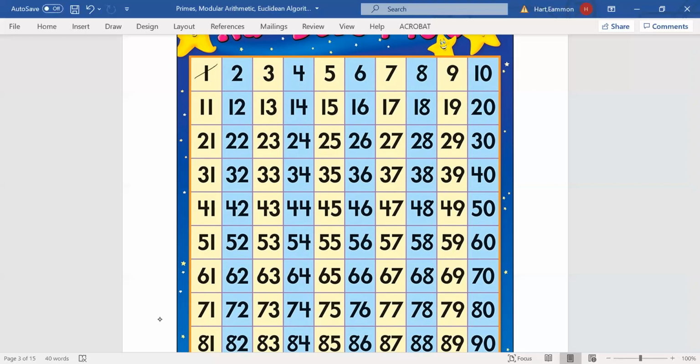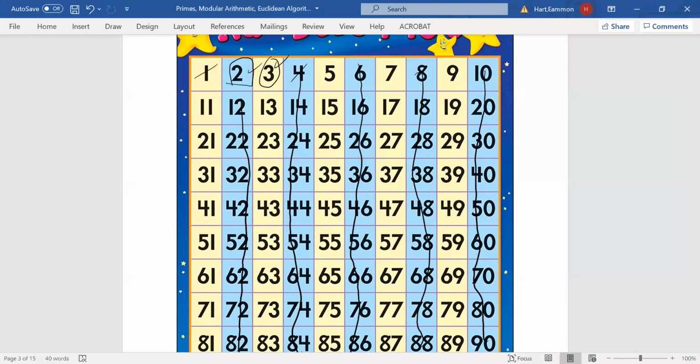Nothing's been done to 2 so far, so we say check, and then we cross out every single multiple of 2. 2 is the easiest to do this with. Now I can go on to my next one. 3, that's prime because it's still unchecked.